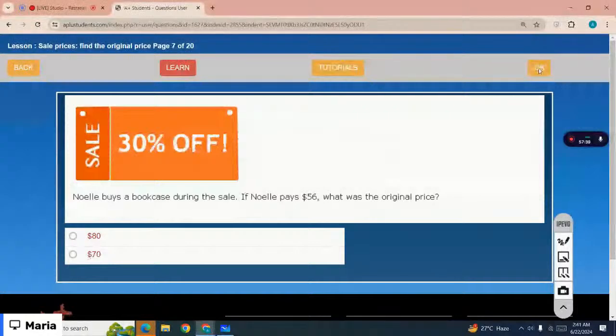Noel buys a bookcase during the sale. If Noel pays $56, what was the original price?